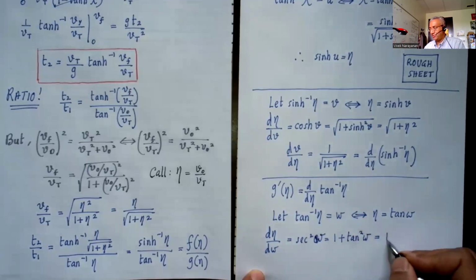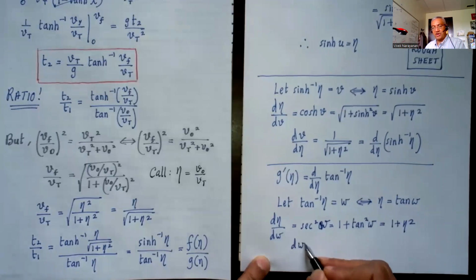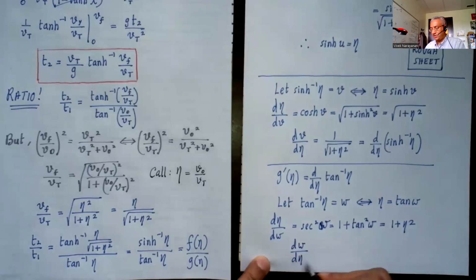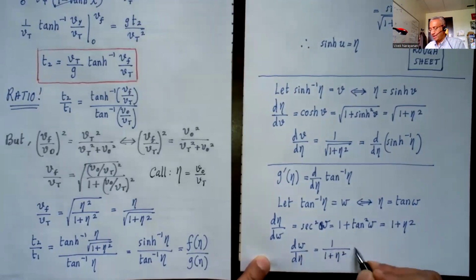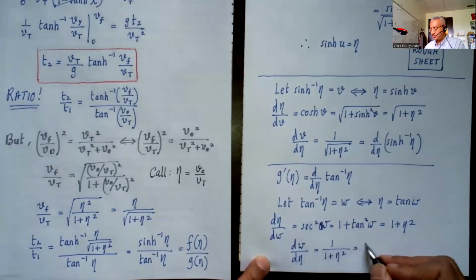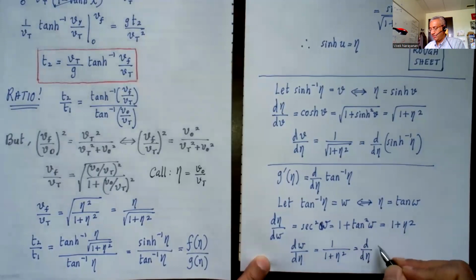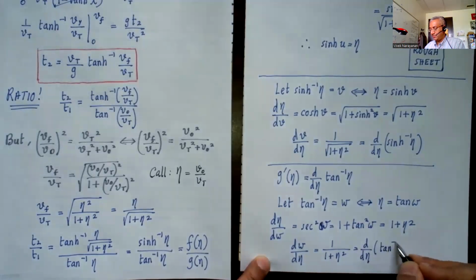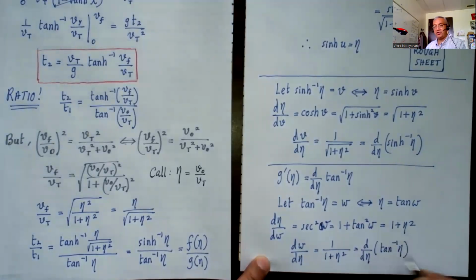So that's going to be 1 plus eta squared. What we actually need is the opposite. So again, by Euler's theorem, dw by d eta is 1 over 1 plus eta squared. But w is just tan inverse eta. So that's just d by d eta of tan inverse eta. So we have found both the derivatives just like that.